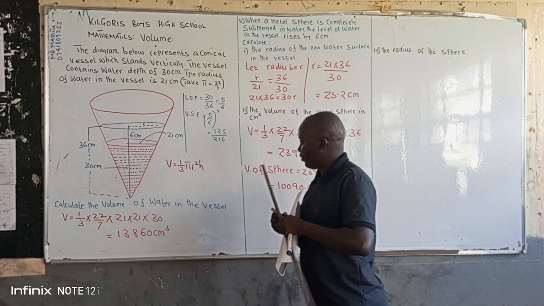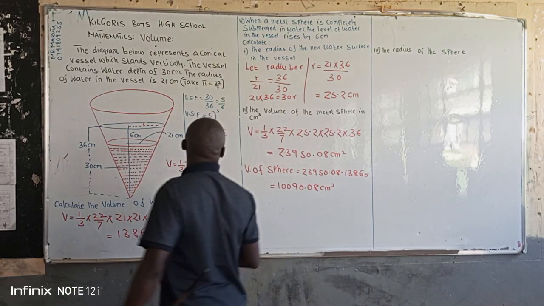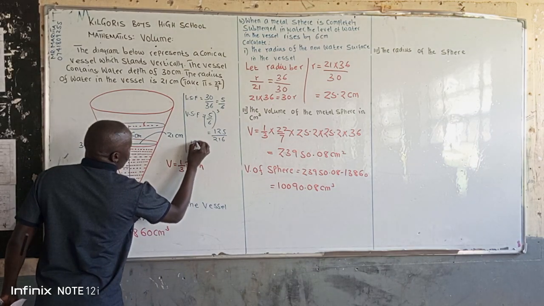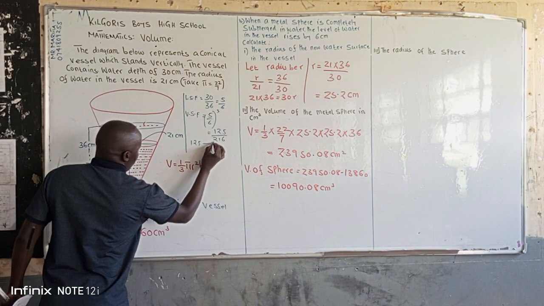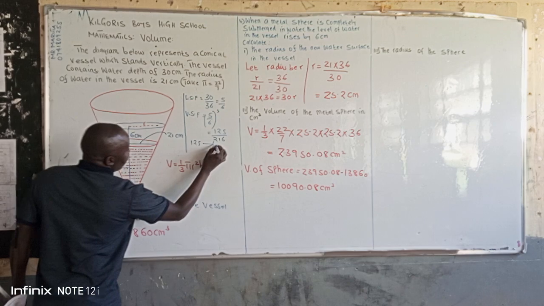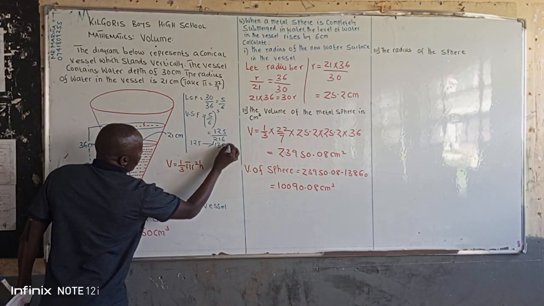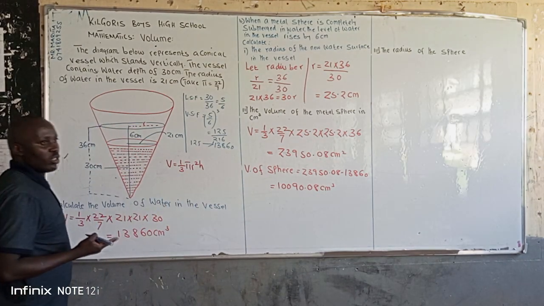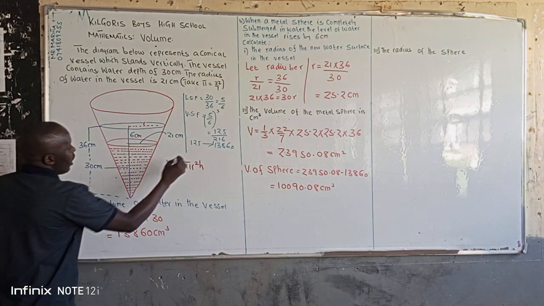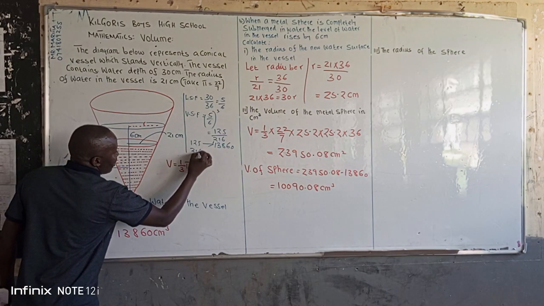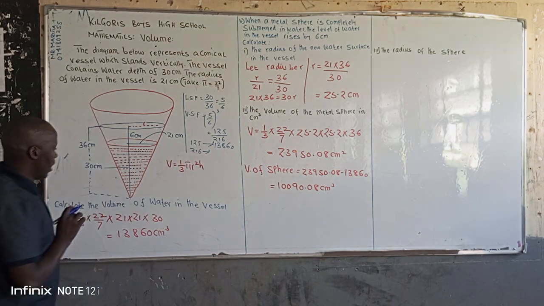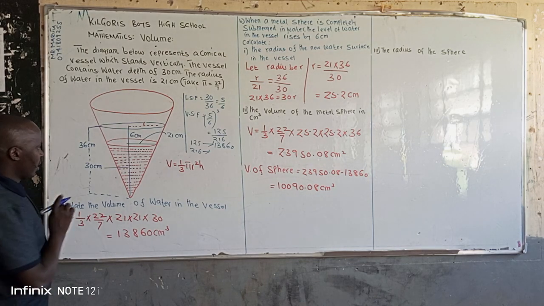This 125 represents the volume of the smaller part, equivalent to 13,860. What about 216? 216 represents the volume of the larger part.